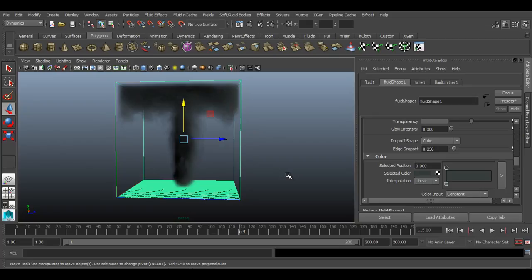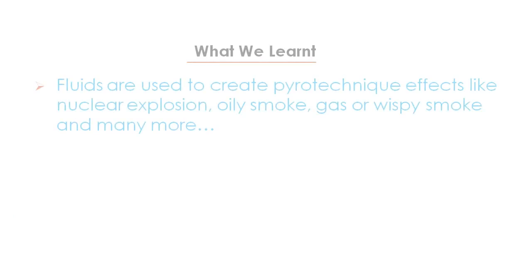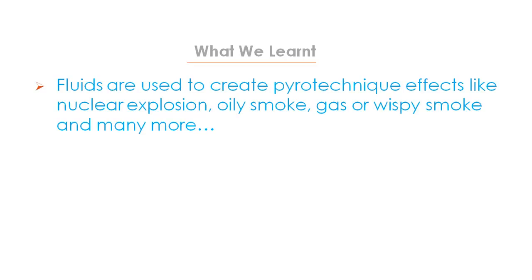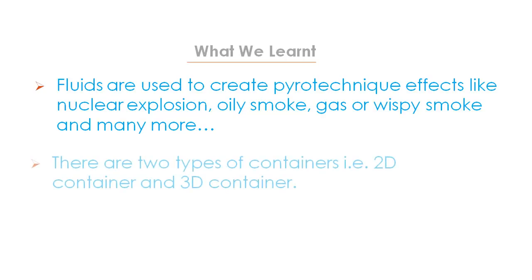So let us see what we have learned in this video. We have seen that fluids are used to create pyrotechnic effects like nuclear explosion, oily smoke, gas or wispy smokes, and many more. There are two types of containers available in Maya, that is 2D container and 3D container.